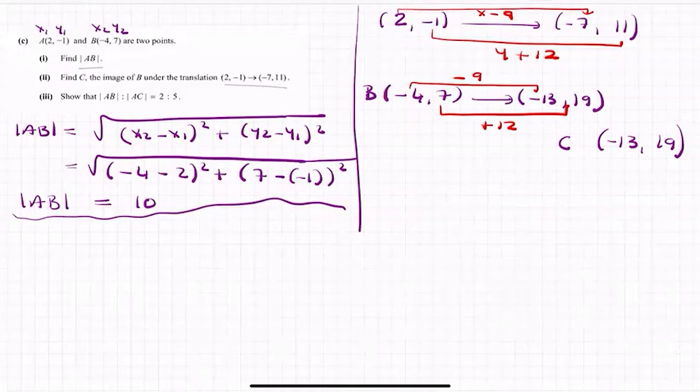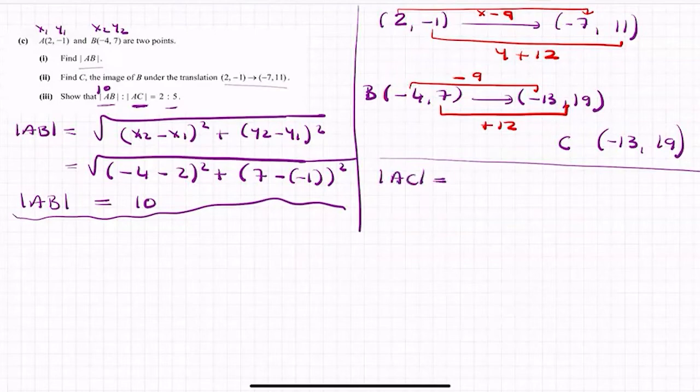Show that the length of AB to the length of AC is equal to 2:5. Okay, so a ratio. So you know what the length of AB is. It's 10. Okay, let's find the length of AC because we don't know that yet, so we can't compare them. We can't see if they fit that ratio until we find the length of AC.